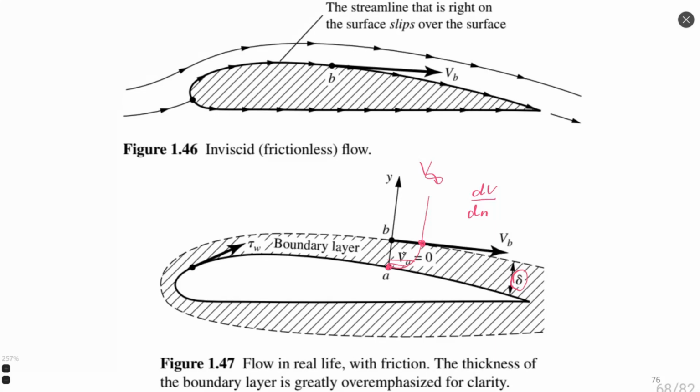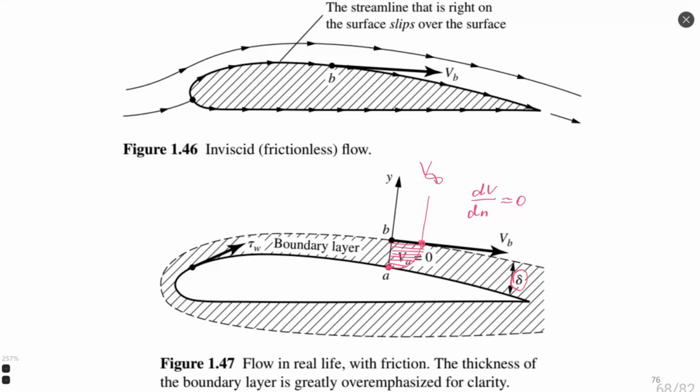Inside the boundary layer, this gradient will always be positive, but when we are outside of the boundary layer, this dV by dn will be close to 0, almost 0. Okay, velocity still can change in the normal direction. It happens due to general flow and body interaction, but it's not so huge with respect to velocity change inside the boundary layer.